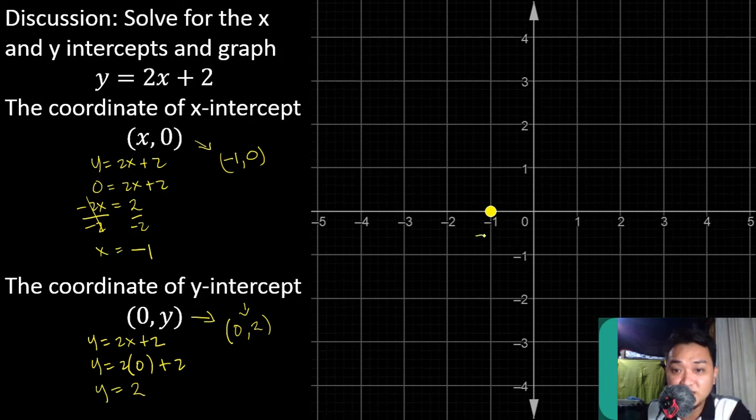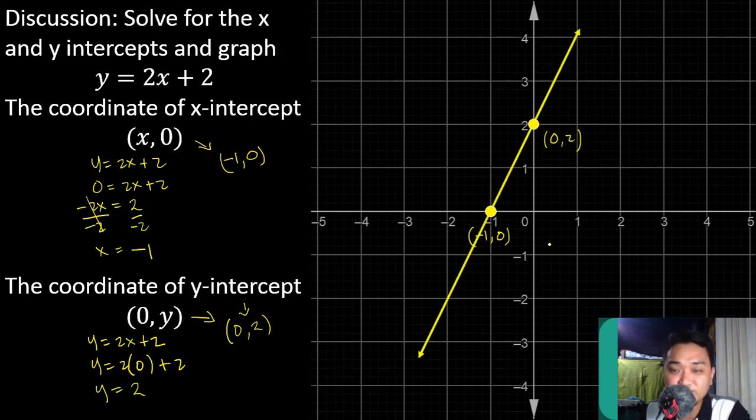And for the y-intercept, we have 0, 2. And then, all we have to do now is to connect those points. There you go. You have now your graph for that linear equation, y is equivalent to 2x plus 2.